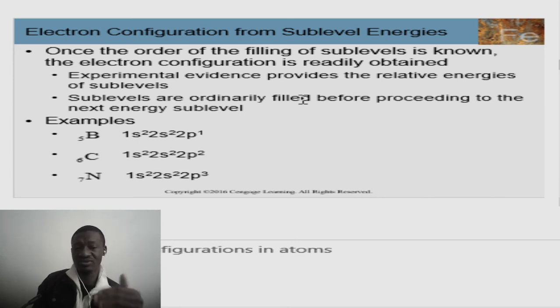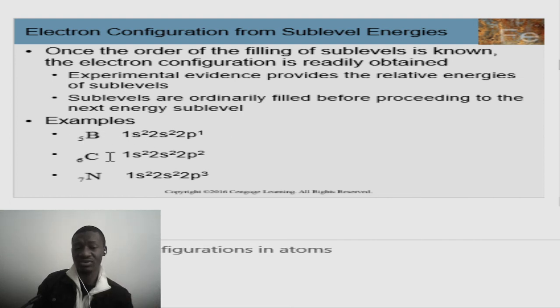You know that s takes only 2, p takes 6, and once you know the number, you're good to go. You just write it out and ensure it matches the number. You fill the sub-levels first before you move to the next, in succession. But there are exceptions to this rule, and we'll see them ahead.